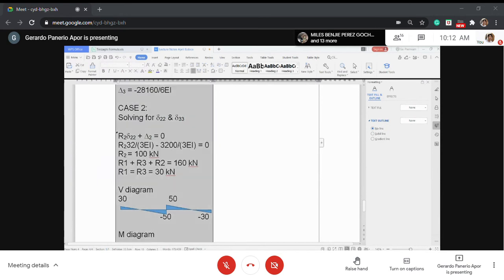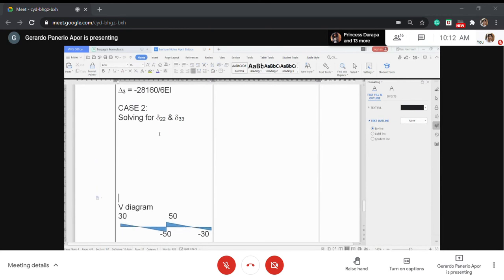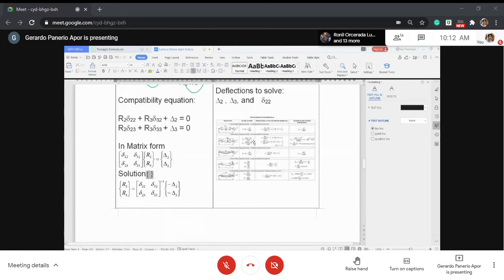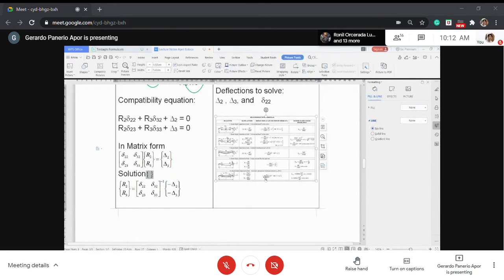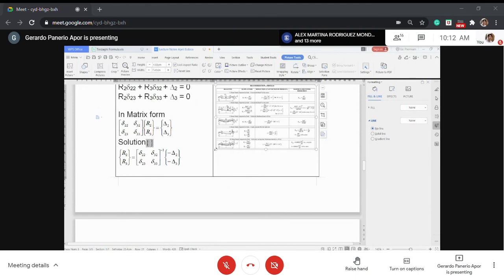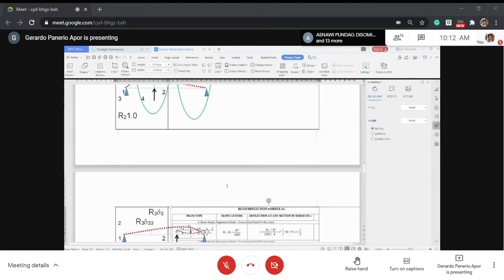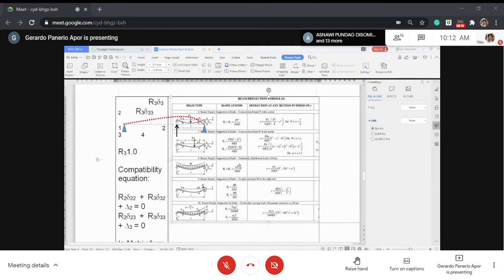Now, if I look at the equations, for delta 2, I can use the second equation.